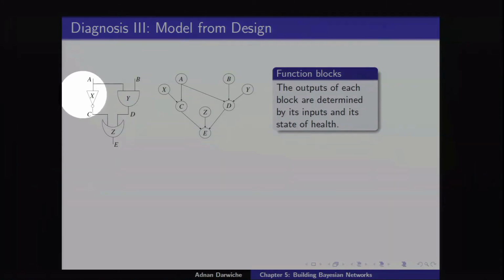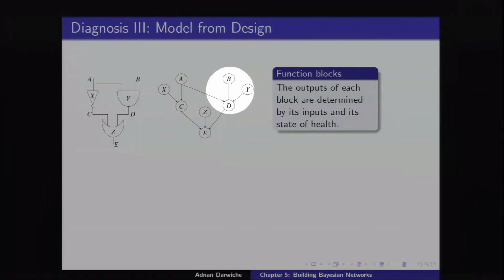Now, the output is directly caused by 2 things, correct? The input and the health mode. And that's what you're seeing there. Correct? So this gate generated this fragment. Same thing for this gate.